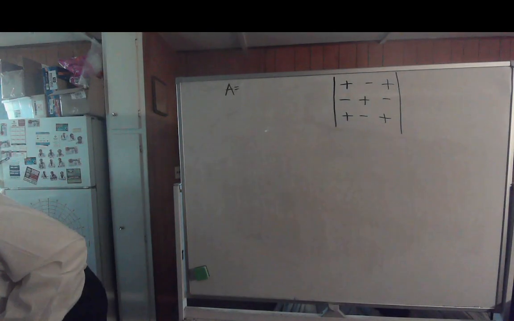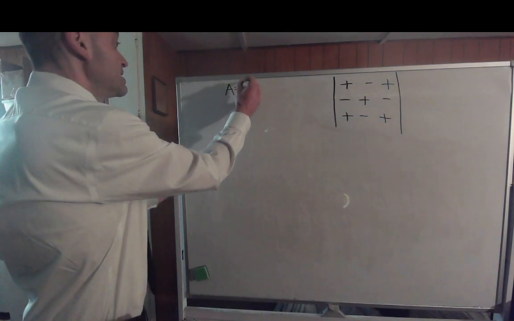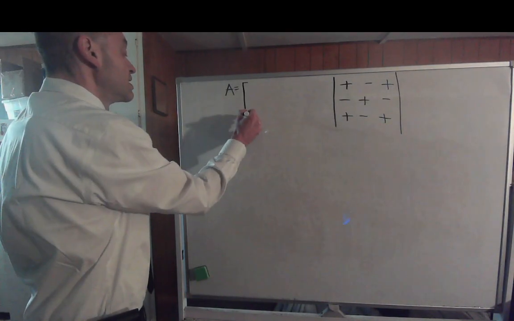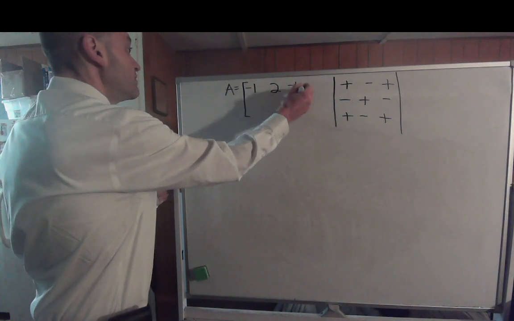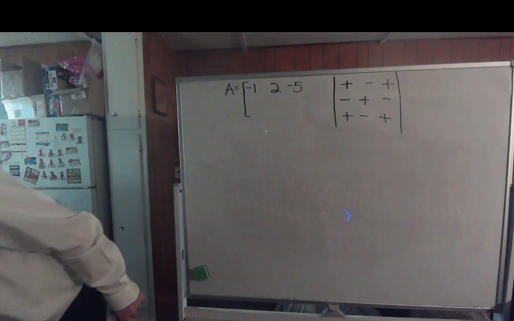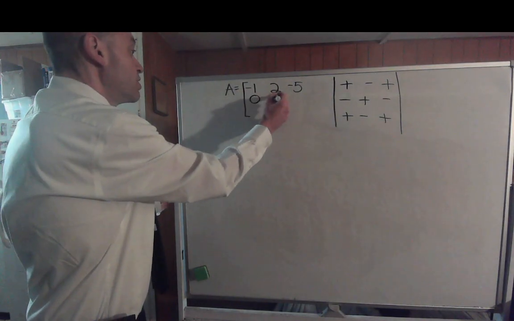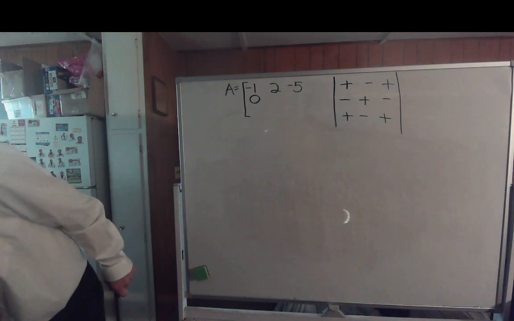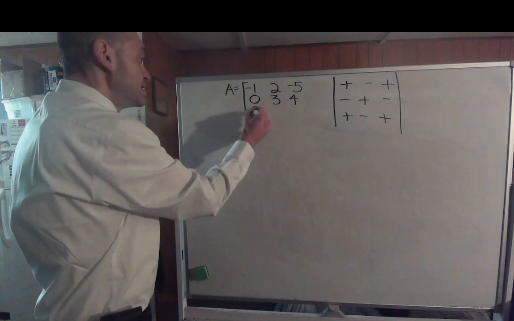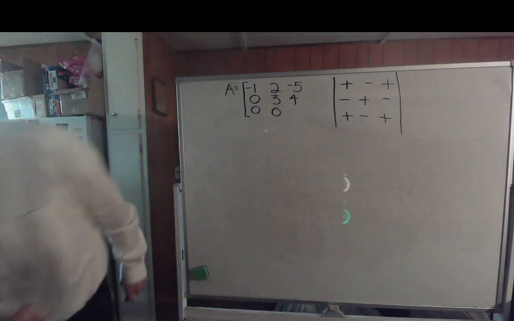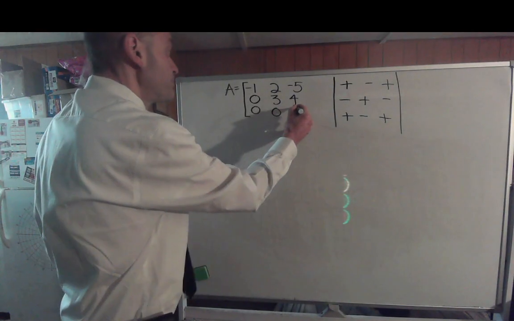So matrix A has entries -1, 2, -5, 0, 3, 4, 0, 0, and 3.